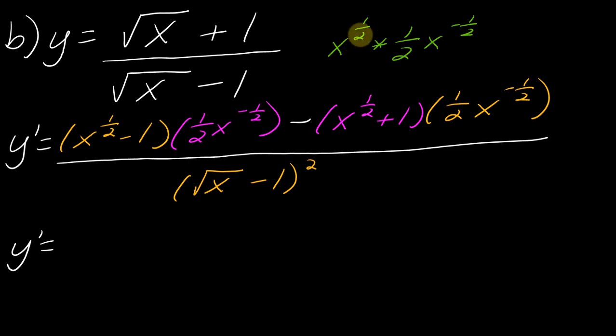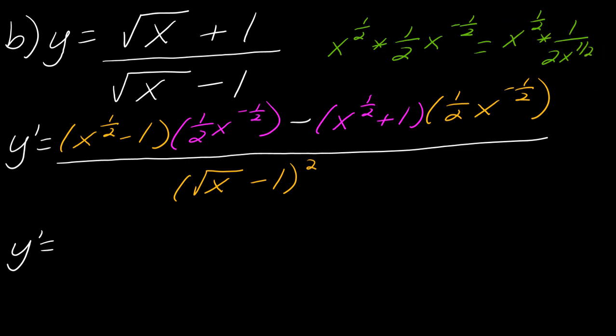A lot of people are like, oh, well, I added up the two exponents and I get something to the 0 power, so does that equal 0? That doesn't totally make sense. If I instead write this in a slightly different way, x to the 1/2 times 1 over 2x to the 1/2, oops, that's 2x to the 1/2. Okay, so now think about this. The x to the 1/2 and the x to the 1/2 actually cancel out, right?